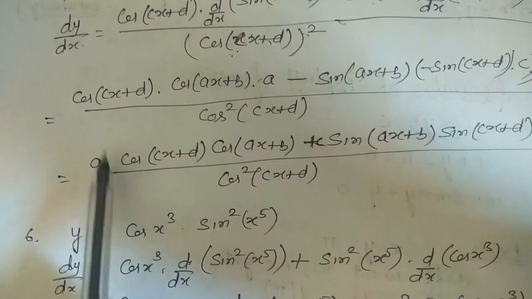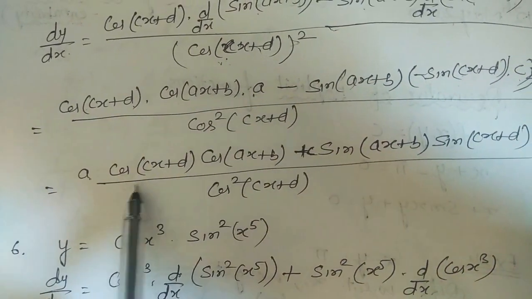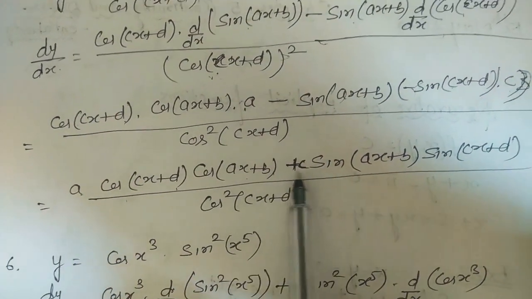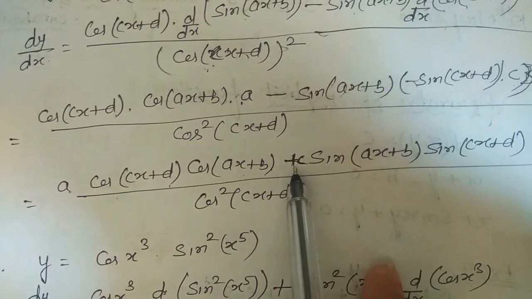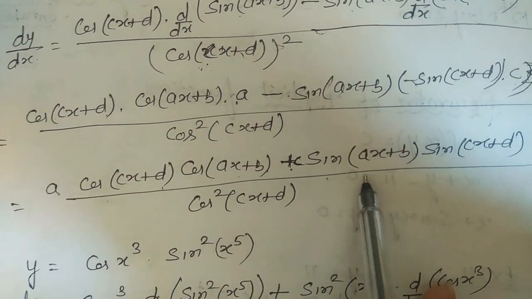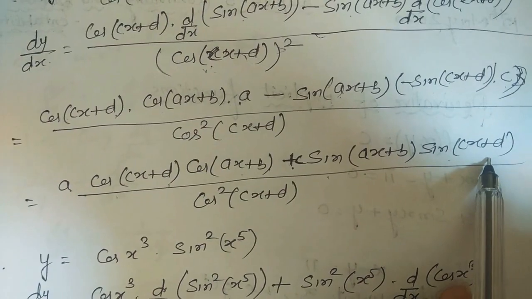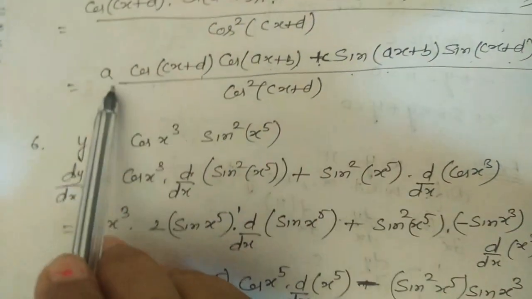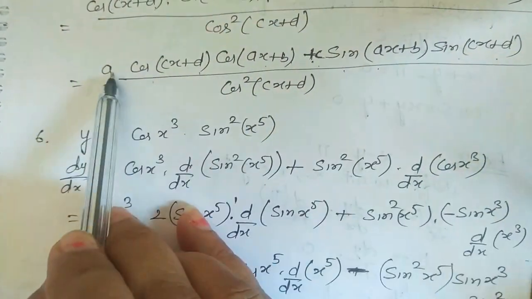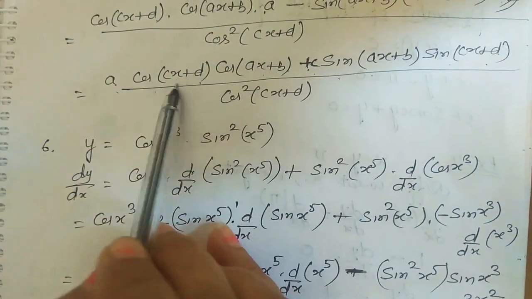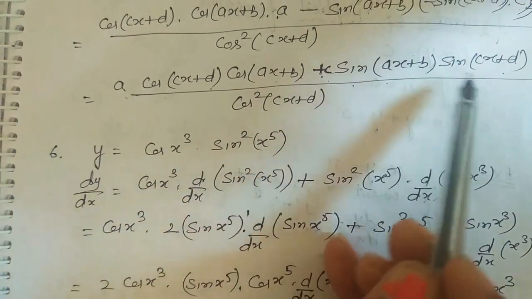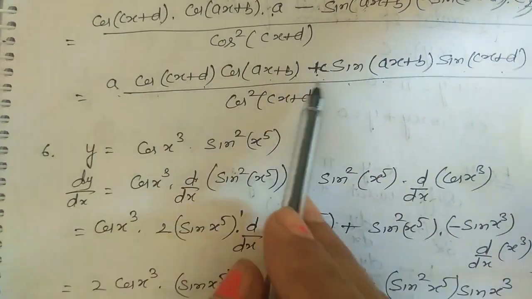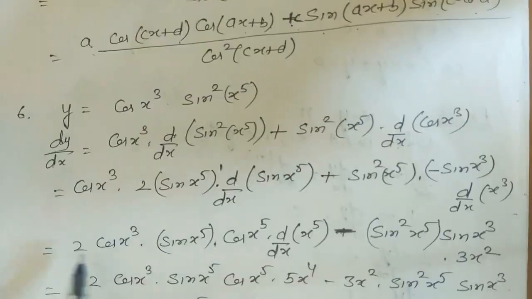So look, a cos(cx + d) cos(ax + b) plus, minus into minus, plus c sin(ax + b) sin(cx + d). So this is the answer. We cannot solve further here because here is a, here is c. Otherwise, if these were not a and c, then the formula cos a cos b plus sin a sin b would apply. But here a and c are present, so we will not solve again.